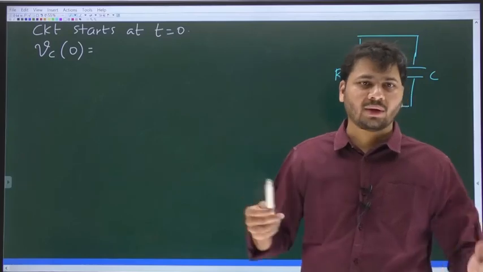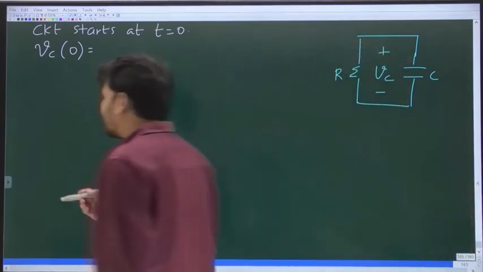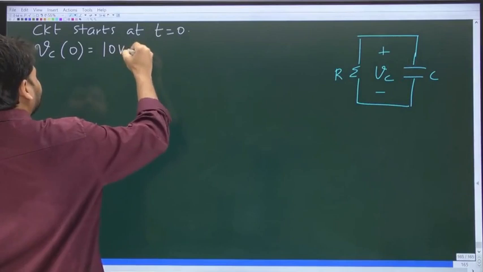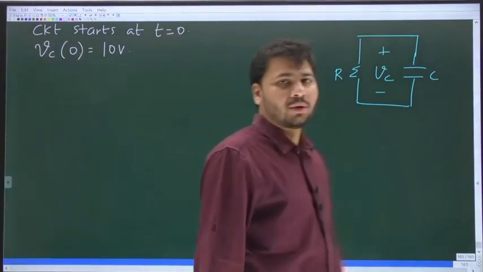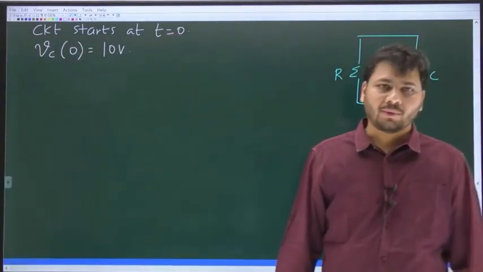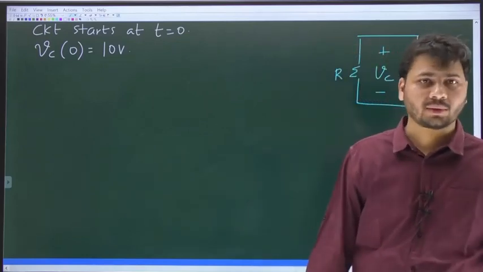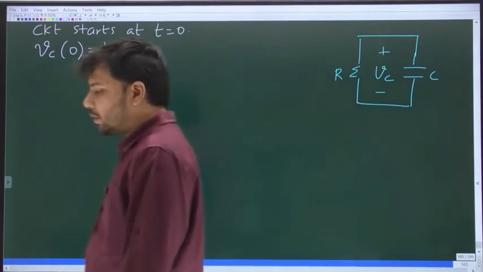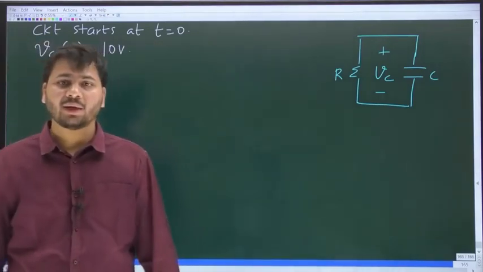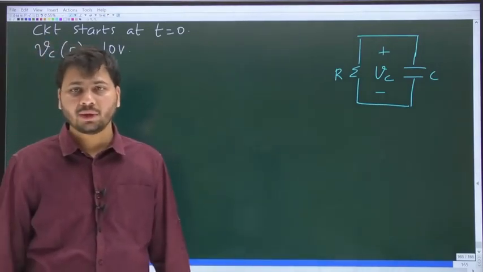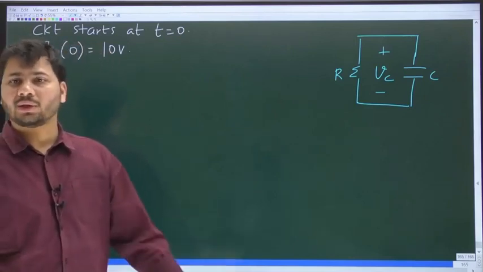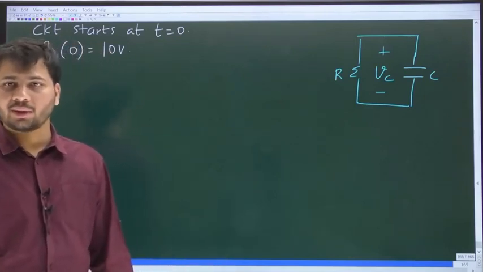For this capacitor, let the initial voltage be some 10 volts. You can consider any value, but let us consider 10 volts to be the initial voltage across the capacitor. Given that the capacitor has an initial voltage drop of 10 volts, how will this circuit behave for t greater than 0?